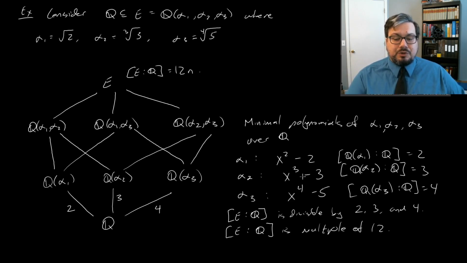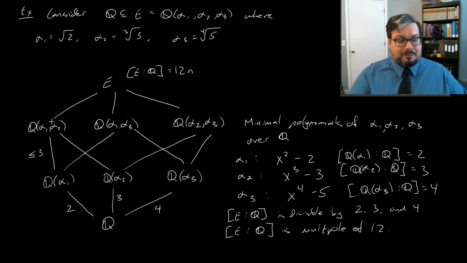Now, alpha 2 is the root of a degree 3 polynomial over Q alpha 1. Whether or not it's irreducible, we don't know, but we do know that the degree of this extension will be less than or equal to 3. If this is irreducible, it'll be equal to 3. If it's not irreducible, then the minimal polynomial of alpha 2 over this field, Q alpha 1, has degree less than 3.